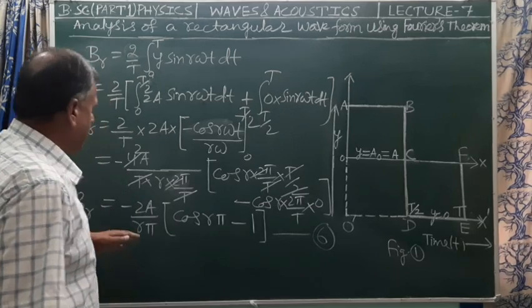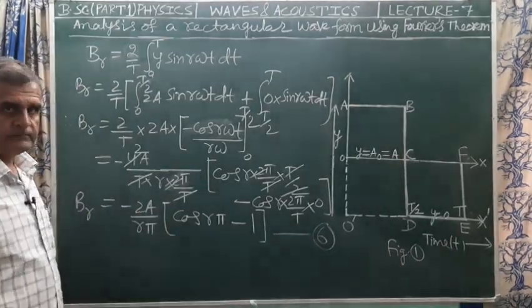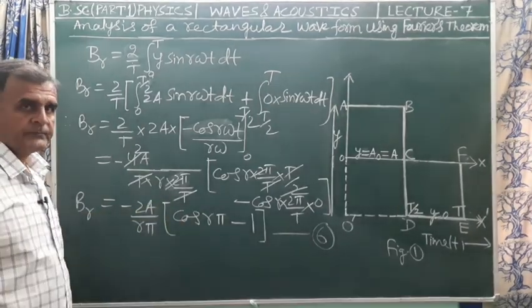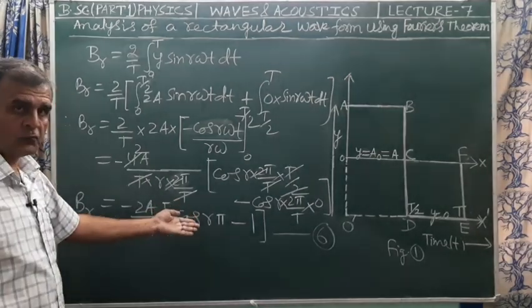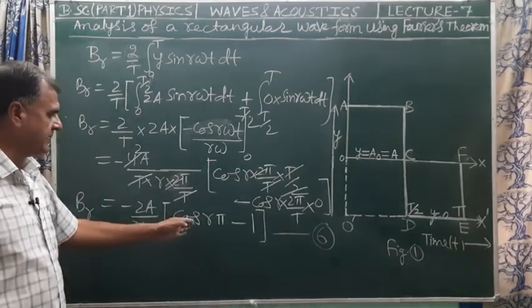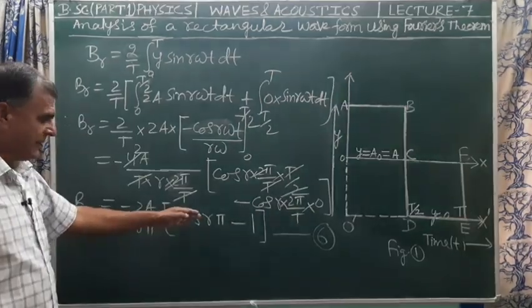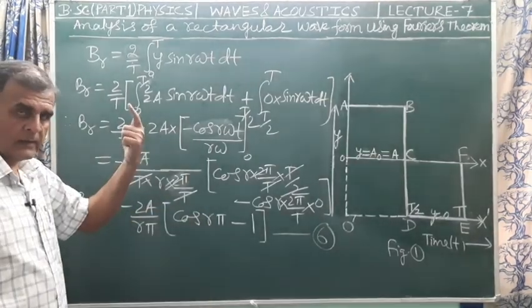Now if small r is even, then cos r pi will be 1. That is, even means r is equal to 2, r is equal to 4, cos 2 pi is equal to 1, cos 4 pi is equal to 1. In that case, if r is even, then cos r pi will equal 1.